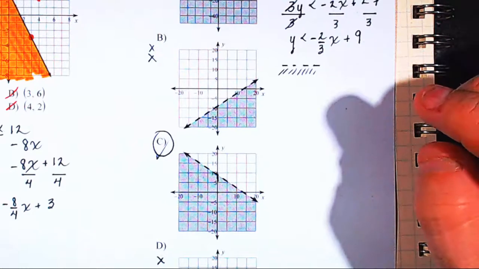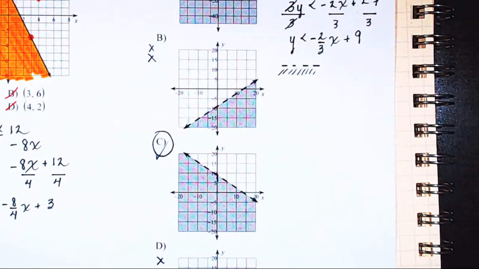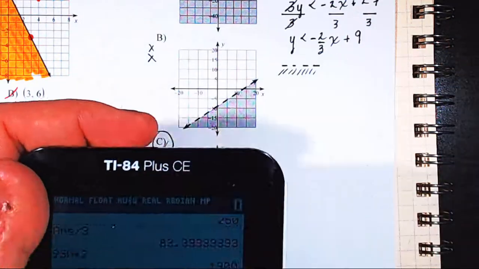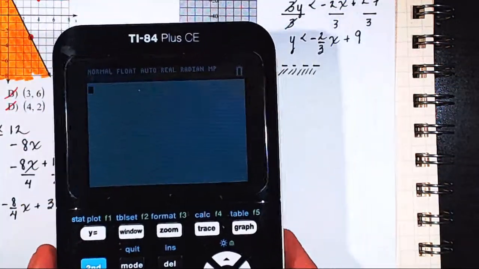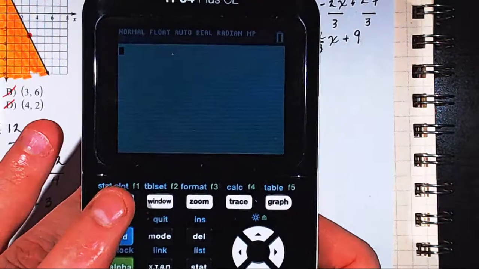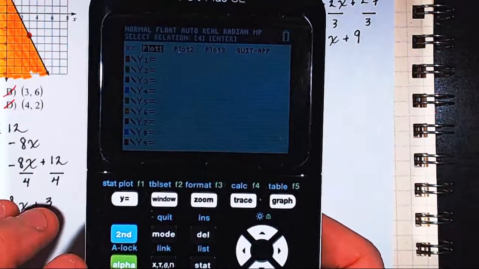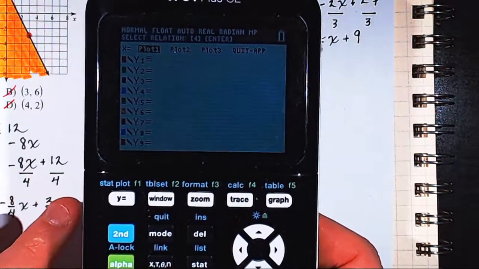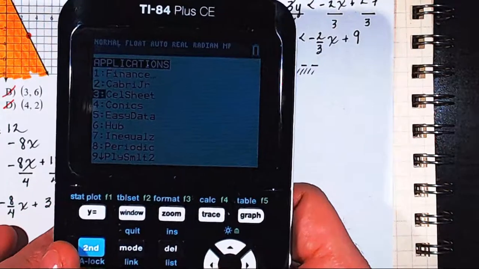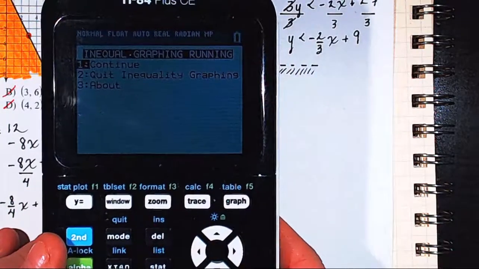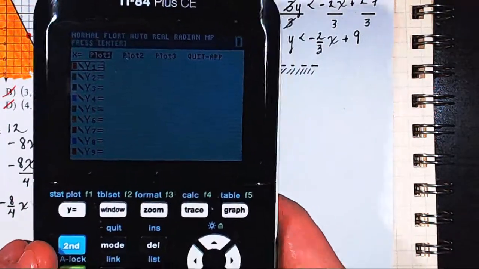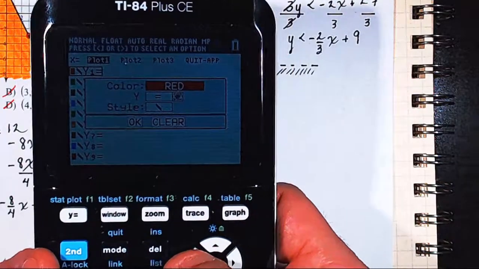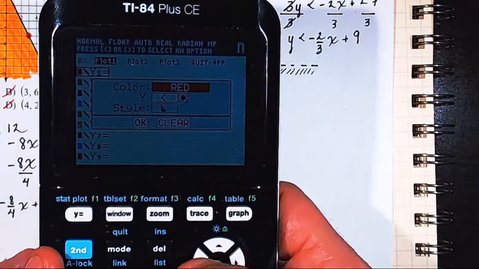And just for fun, I will jump to a regular graphing calculator. I know these are hard to see on this screen, but I'll go to y equals. I better turn on that app, inequalities. And for me, I've got to change mine to a less than symbol.